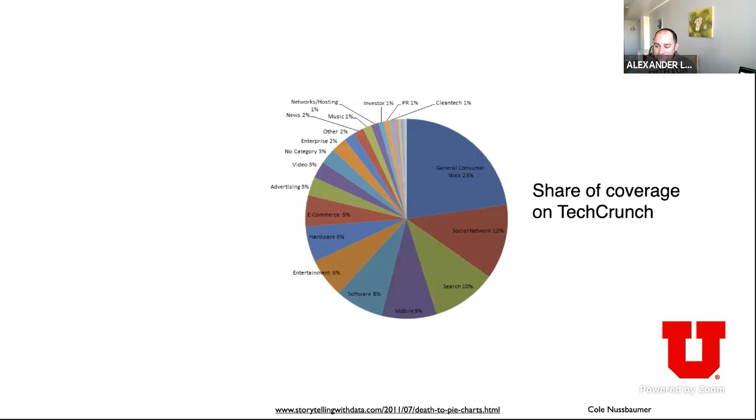So in this example, what is the mark here? Area. Yeah, it's an area or a shape. And what's the channel? Color. Arc length.